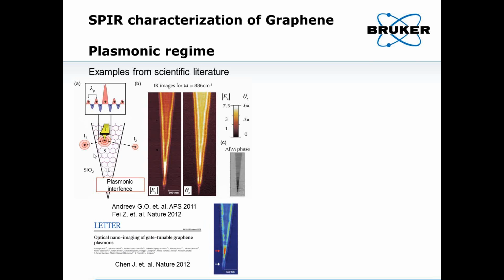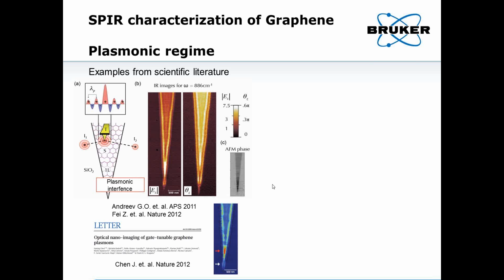And the interesting thing about looking at graphene at these infrared frequencies in the graphene's plasmonic regime is that it's actually possible to reflect the plasmons generated by the tip from the graphene interface and have them reflect back to the tip and create a plasmonic interference effect.